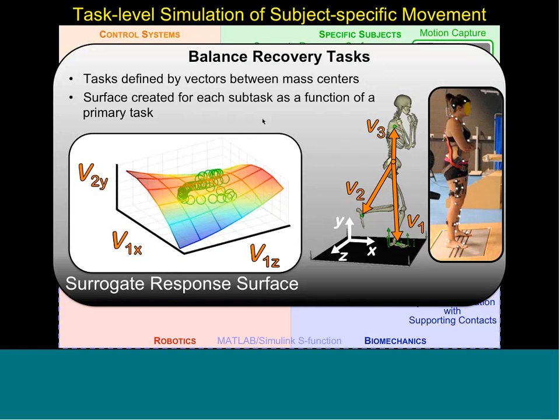But for this part we are thinking more computational types of journals for the actual method and the robotic implication in OpenSim, and then maybe some more clinical journals such as Journal of Biomechanics for the surrogate surface representation of all those tasks. And I think I'm missing the second part of the question. Can you repeat that second part?